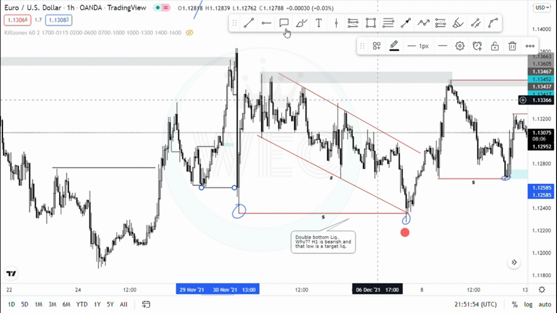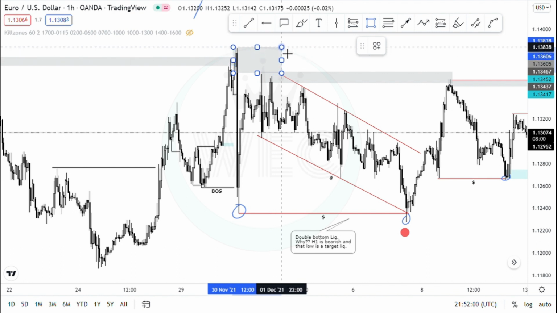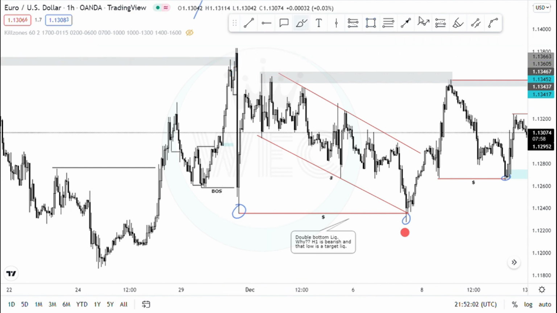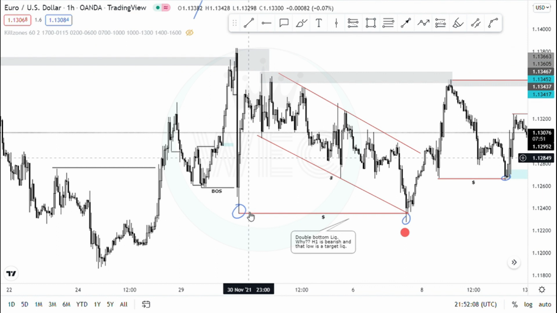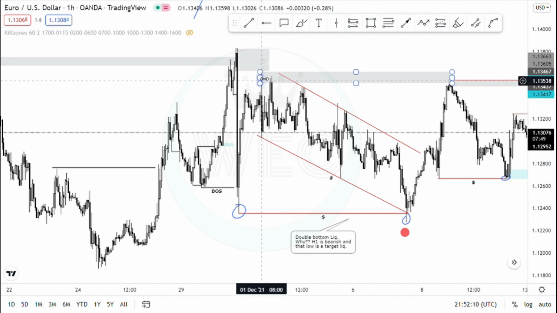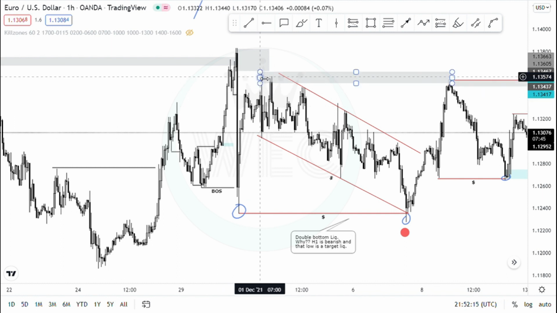Again, this level here is going to be your protected liquidity. Price is not going to breach. The moment it breaches, you should know that the trend has changed. That is why you see price came in here, even though it didn't tap in perfectly, but you can see that price approached this area and then it fell back.